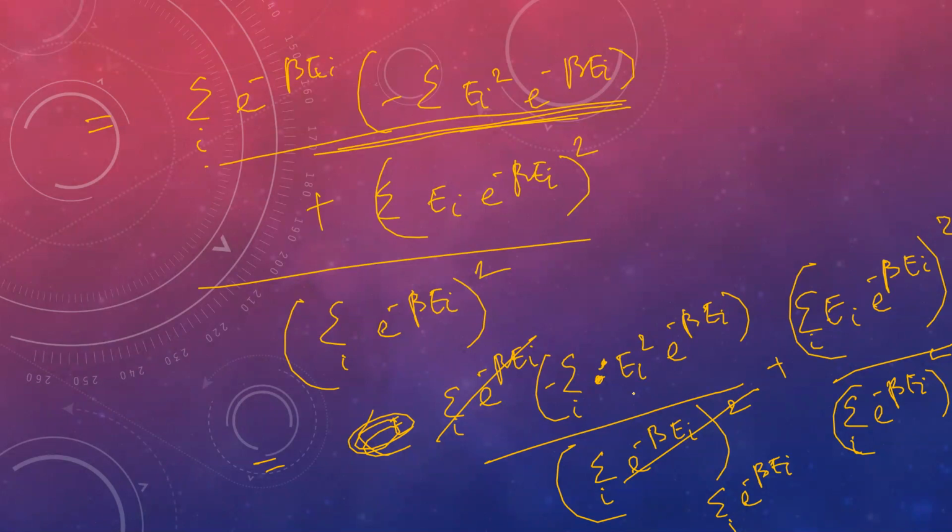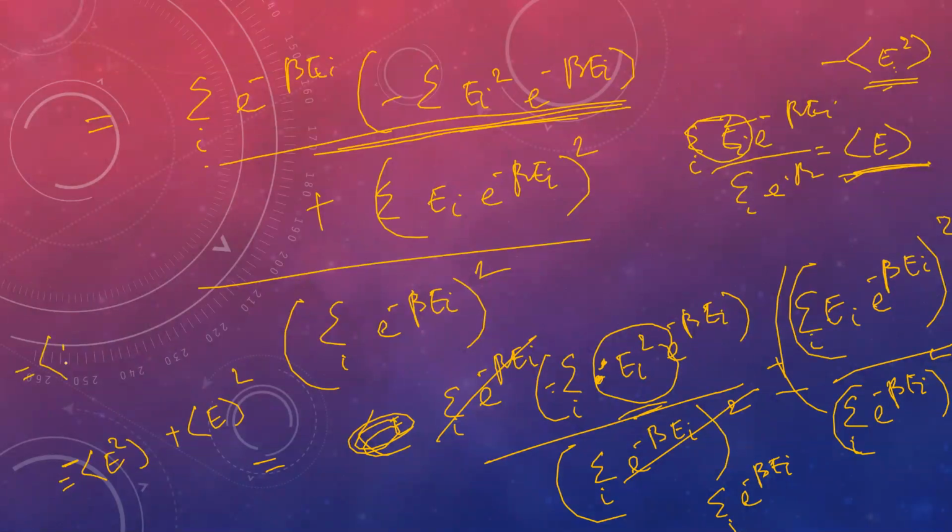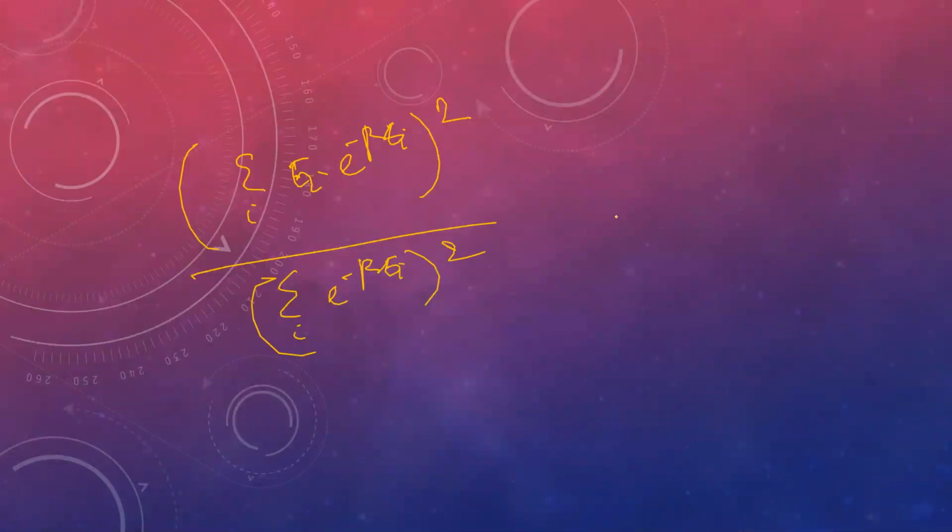Now this one has Ei square inside, so summation Ei square e to the power minus beta Ei divided by the partition function gives the average of E square, with the minus sign in front. Plus this is the whole square of the average E. So the answer is the average value of E square minus the square of the average of E, with the sign as written.